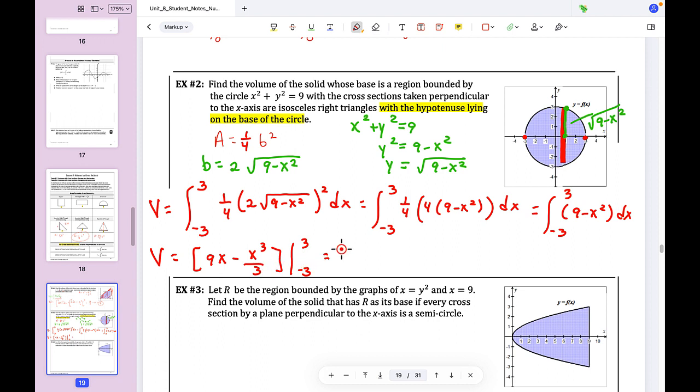Which gives us 27 minus 27 over 3, minus -27 minus -27 over 3. Okay, and when we do all of that math, that comes out to be 36. Okay. So the trick to these problems is figuring out the base.